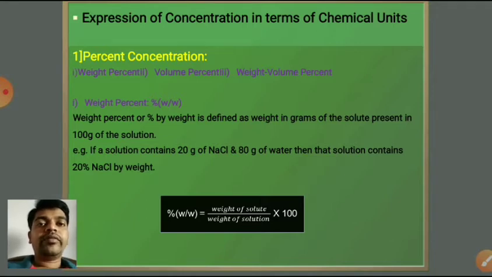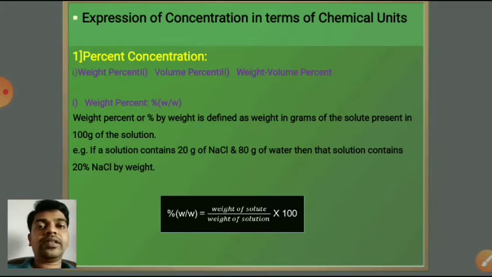The first one is weight percent, the second is volume percent, and the third is weight volume percent. Let's see the first one, weight percent, also given as percent W by W, or weight by weight.